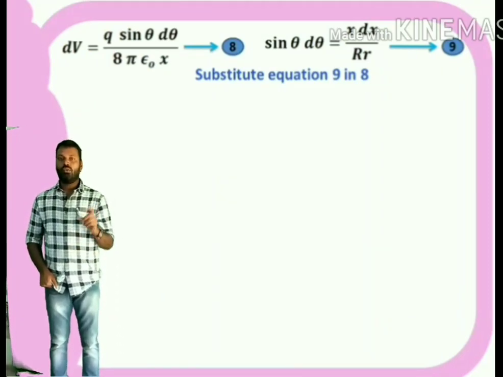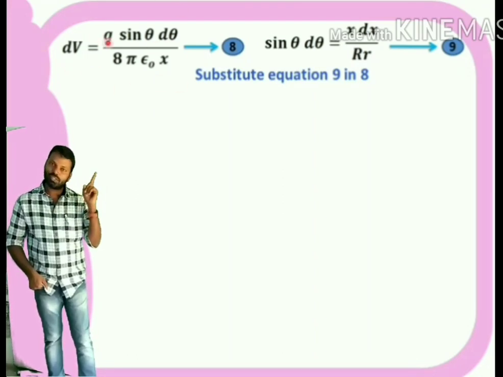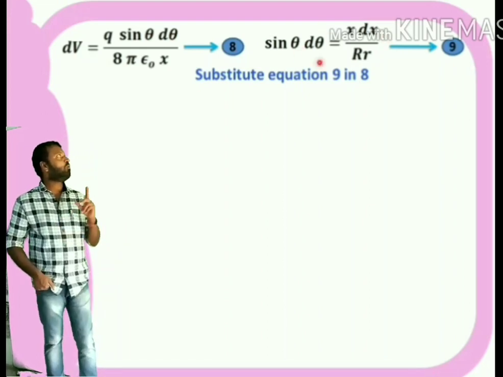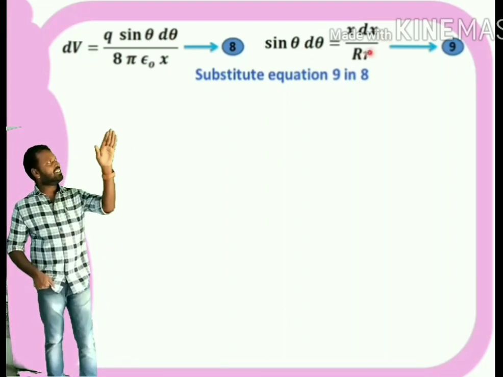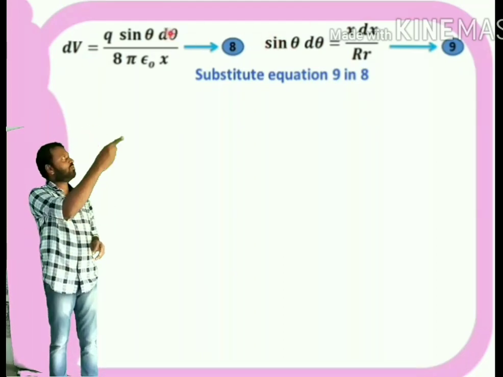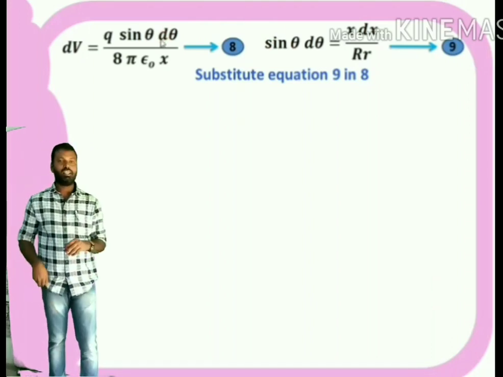Right? What is equation number 8? dV is equal to q sin theta d theta by 8 pi epsilon naught into x. Now what is 9? Sin theta d theta is equal to x dx by Rr. Now substitute the sin theta d theta value from equation 9 in equation 8.